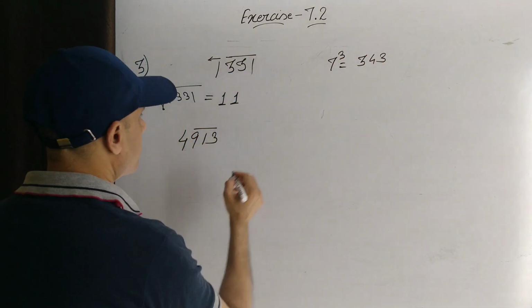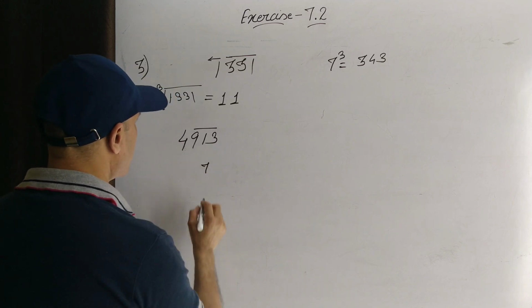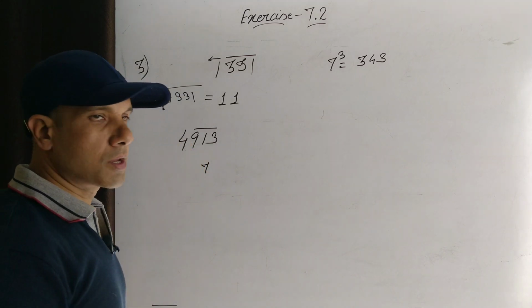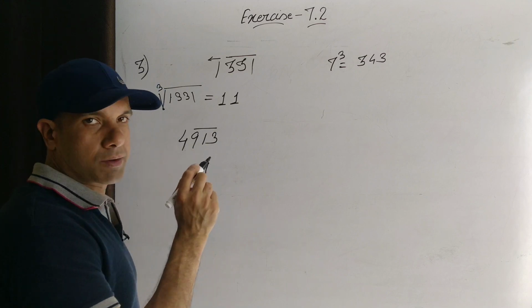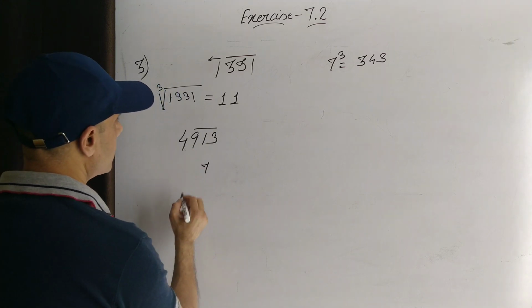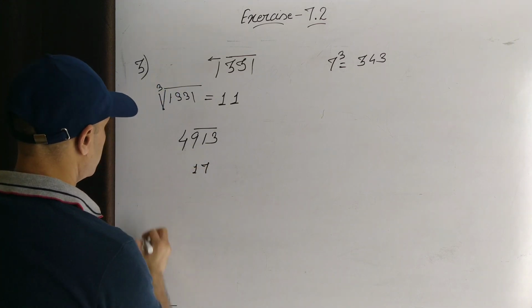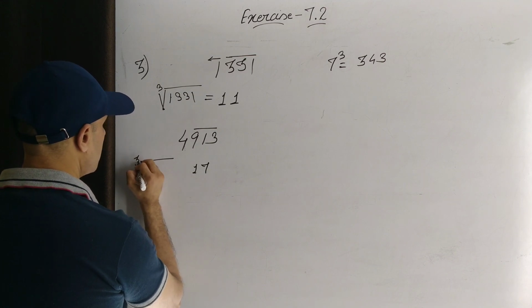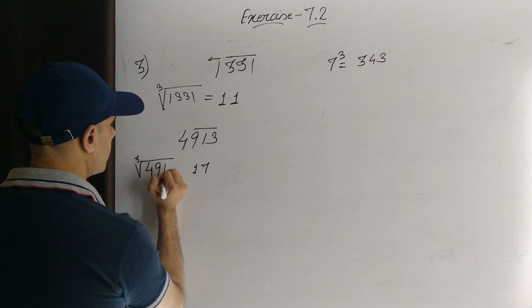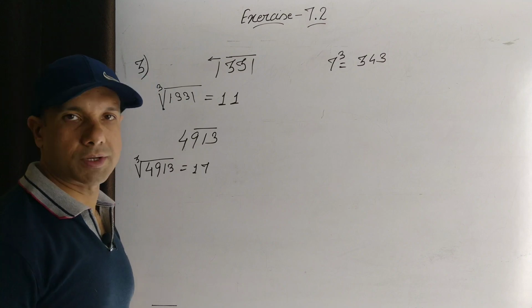So we'll write 7 here. And we are left with 4. Cube of 1 is 1. Cube of 2 is 8. So we have to take 1. And we get the result. So cube root of 4913 is equal to 17.